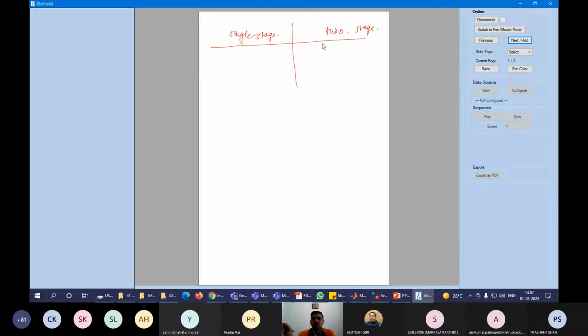If you do so, there are huge losses in the boost converter itself.